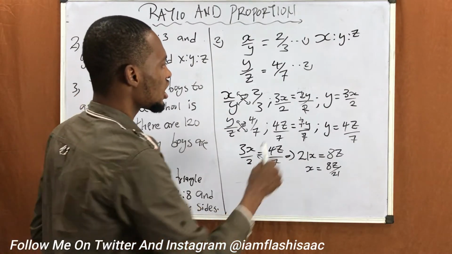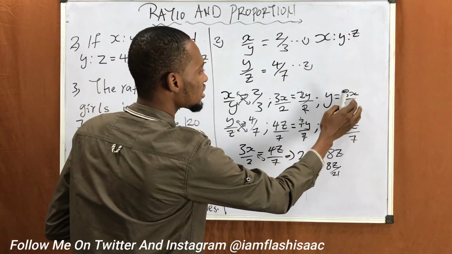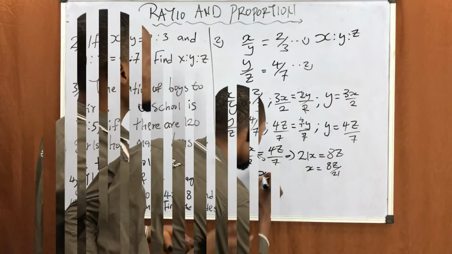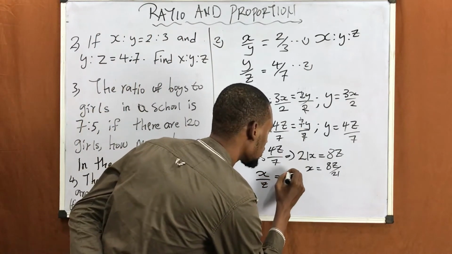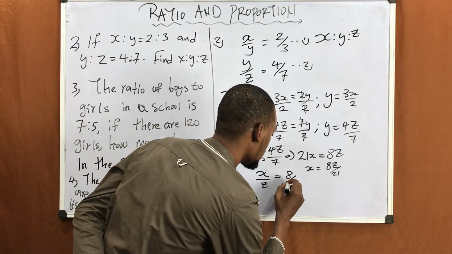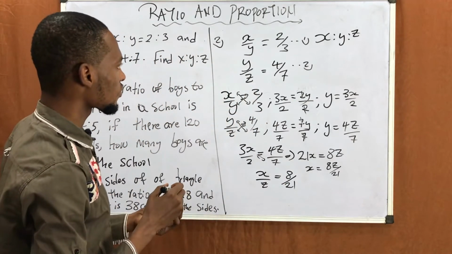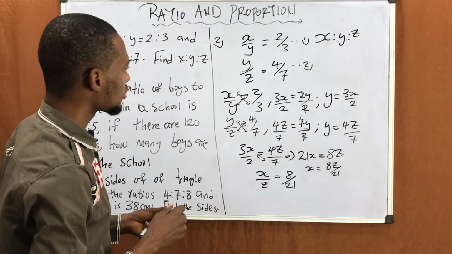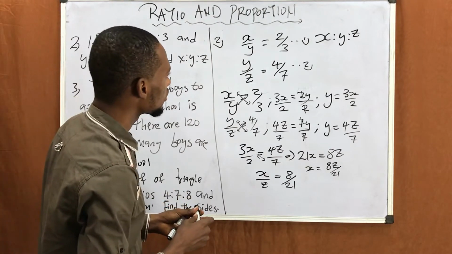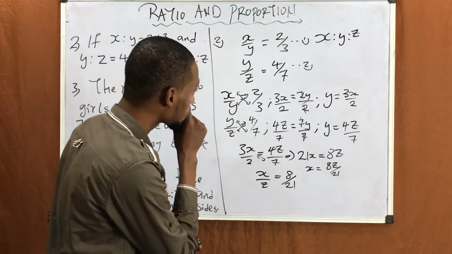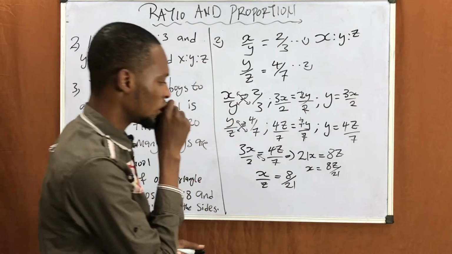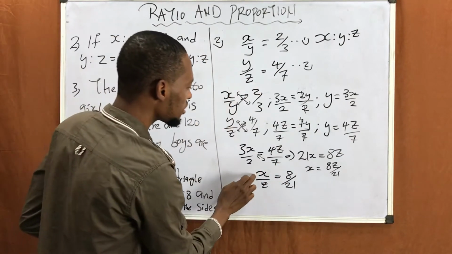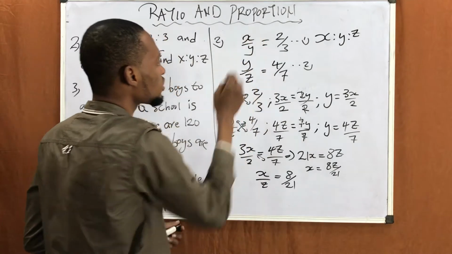Same thing as S over Z equals 8 over 21. So with this, we have S equals 8 and we have Z equals 21. So substitute this value of S as 8 in this equation.